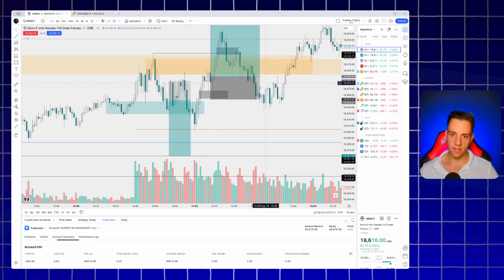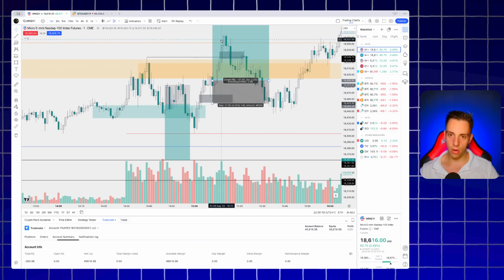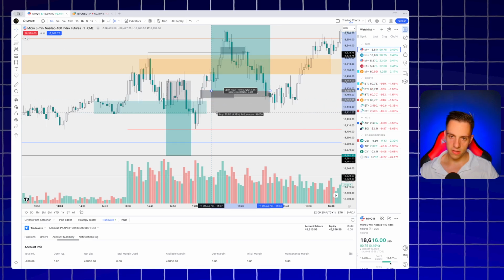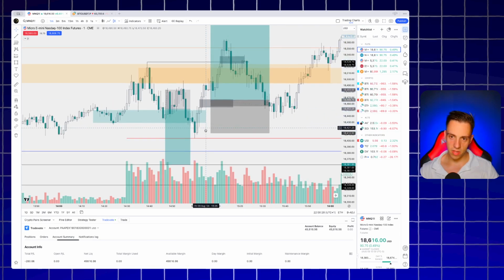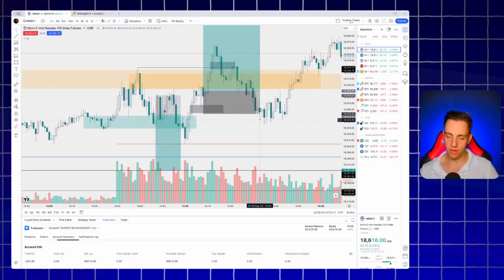As soon as I see this, I said, okay, this might be a potential order block, but I'm not waiting for a close in this. I want to confirm that price is bullish after I see price wick through this fair value gap and then go up, which I planned on doing my entry here and then my stop loss here, but I decided to wait because I was still not confident enough.